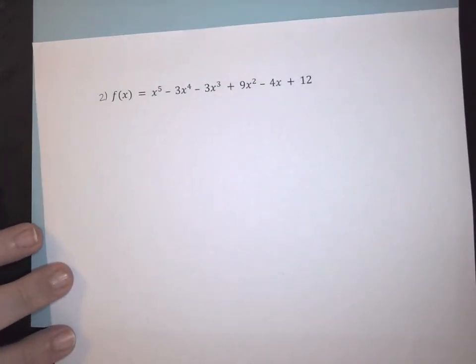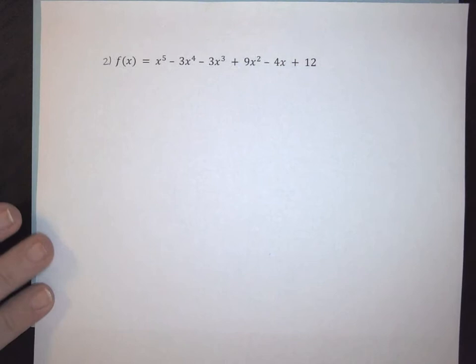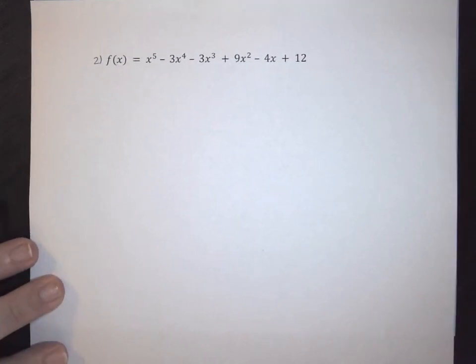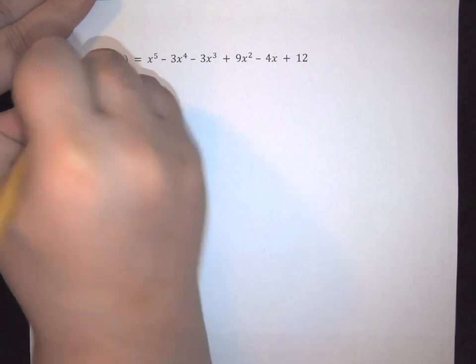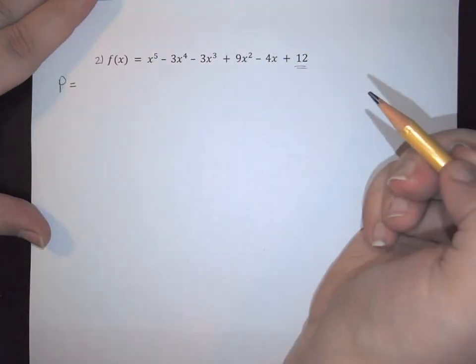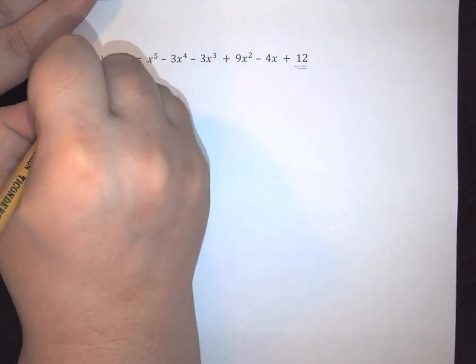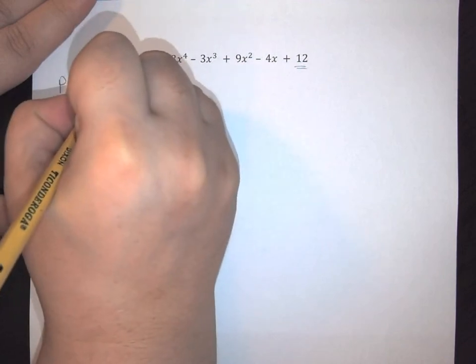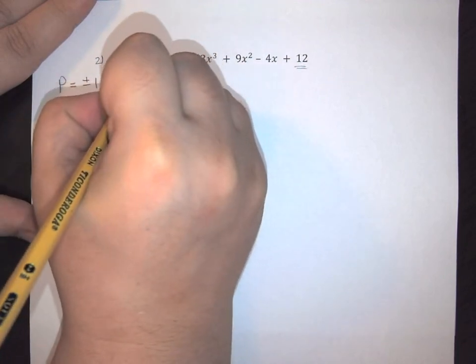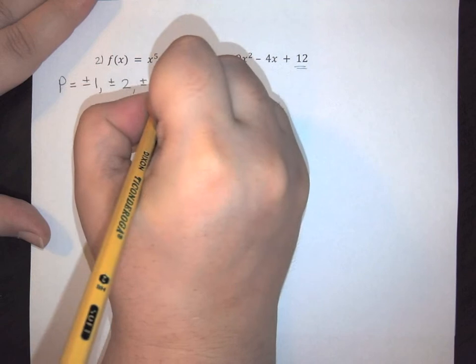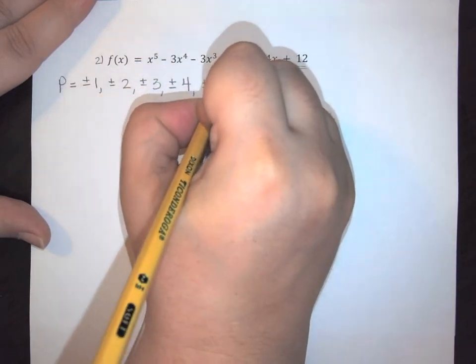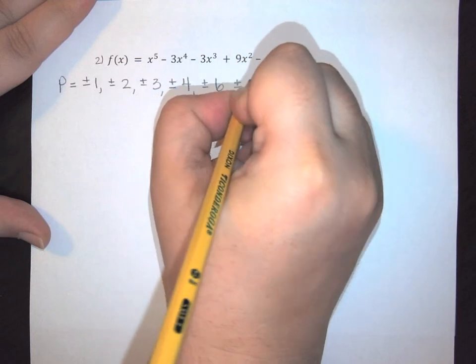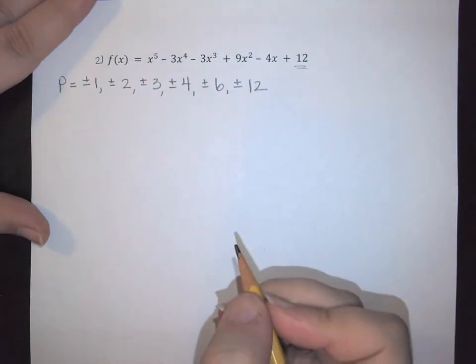Alright, let's do one more for good measure because it's always a good idea. And so here again, my p's are made from the constant. So this is going to be plus or minus 1, plus or minus 2, plus or minus 3, plus or minus 4, plus or minus 6, and plus or minus 12.